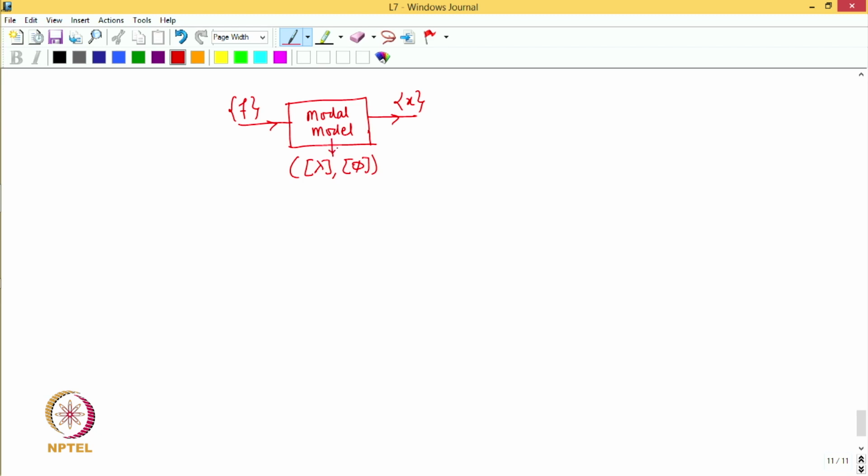This is the modal model. So, these are the two equivalent descriptions of the system. If either of them is available, it is possible to analyze the system for its dynamic response.